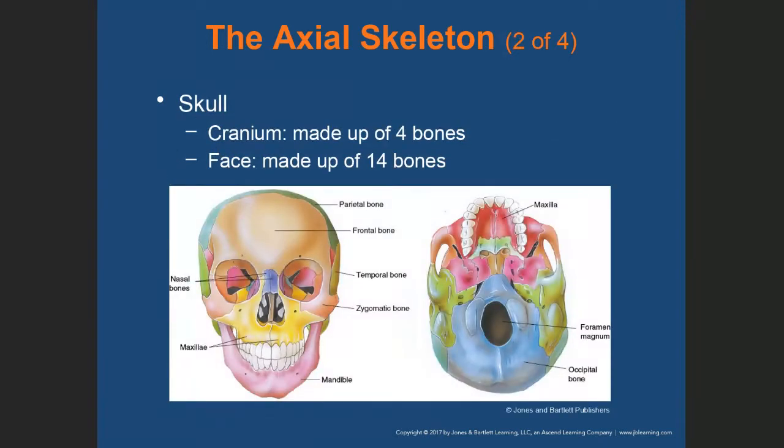Now, the skull is divided into the cranium and the face. The cranium is made up of 4 bones that you need to be familiar with: the frontal bone, parietal bone, occipital bone, and the temporal bone.